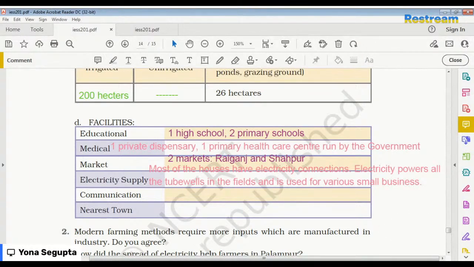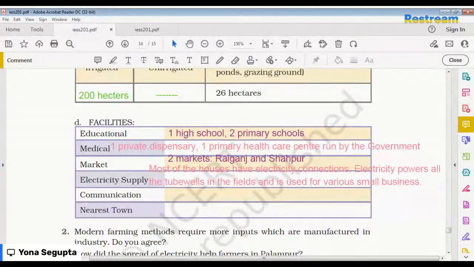How do the people of Palampur communicate? Well, as we all can see, it is well connected to neighboring villages, with Raiganj within 3 kilometers.